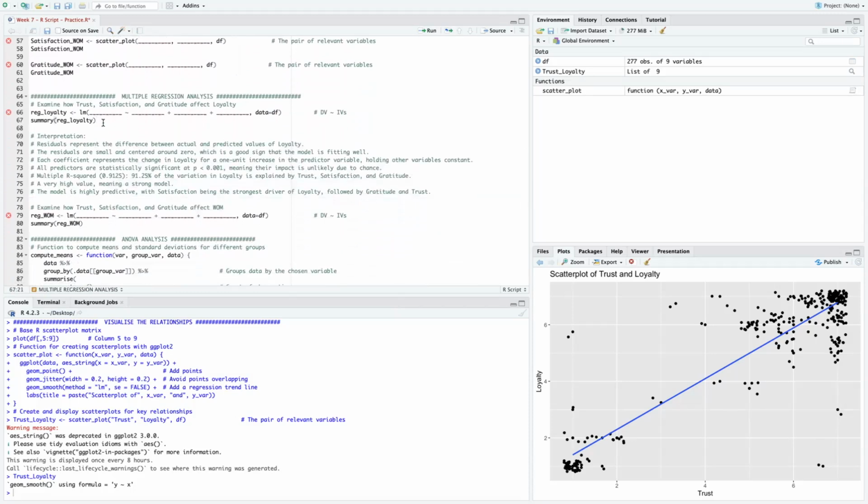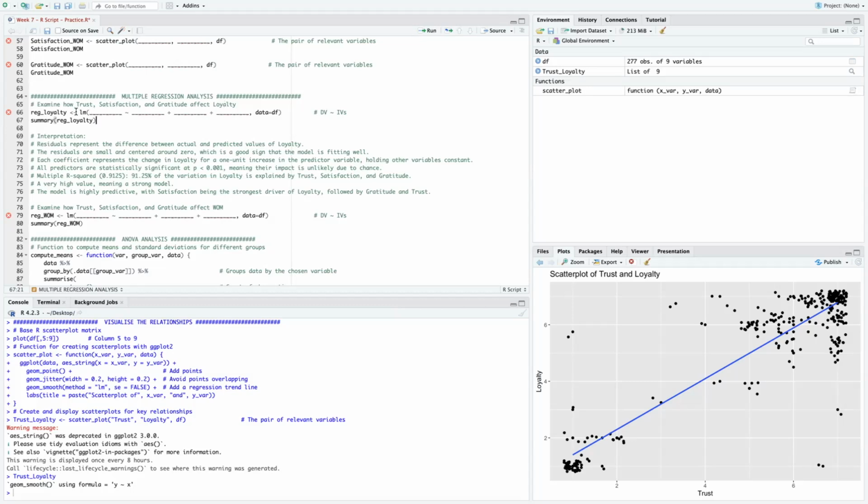And it's time for us to run the multiple regression analysis, right? All right, so remember, in order to specify the formula for a linear model, you use the dependent variable, tilde sign, and all the independent variables. In particular, right here, we would like to examine how trust, satisfaction, and gratitude affect the dependent variable loyalty.